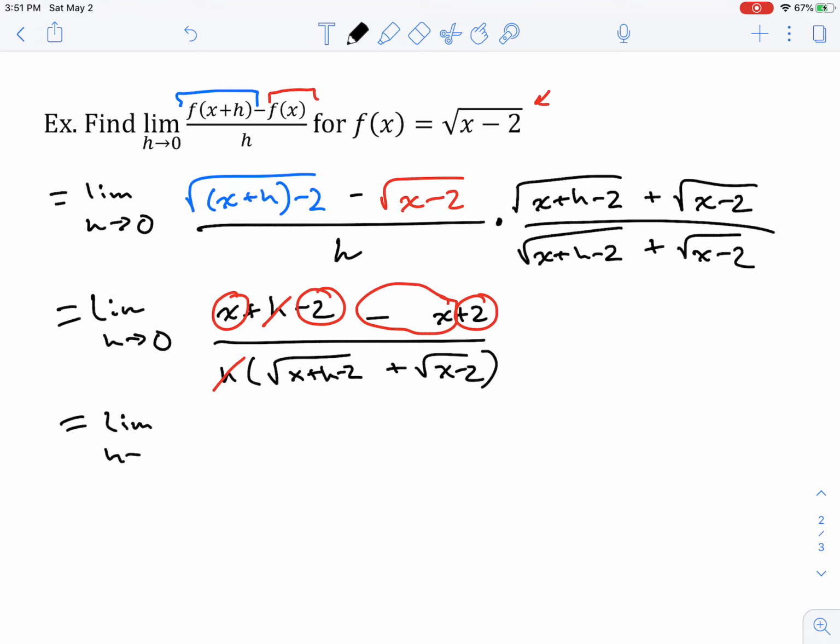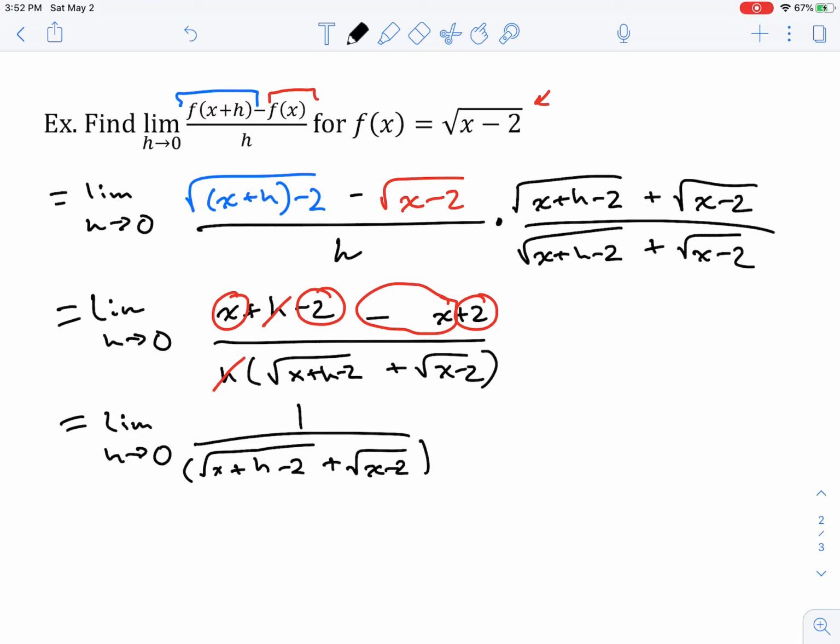And what we're left with, let's just clean that up, is 1 over the square root of x plus h minus 2 plus the square root of x minus 2. And the fact that that h is now gone is a pretty good sign that we'll probably be able to find our limit here without getting indeterminate form.